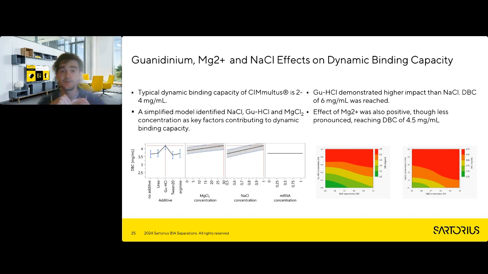As a salt, guanidinium hydrochloride demonstrated higher impact than sodium chloride, and with it, we reached a binding capacity of 6 milligrams per milliliter. We also saw the effect of magnesium was positive, but it had less of an impact than guanidinium hydrochloride, and we reached 4.5 milligrams per milliliter.